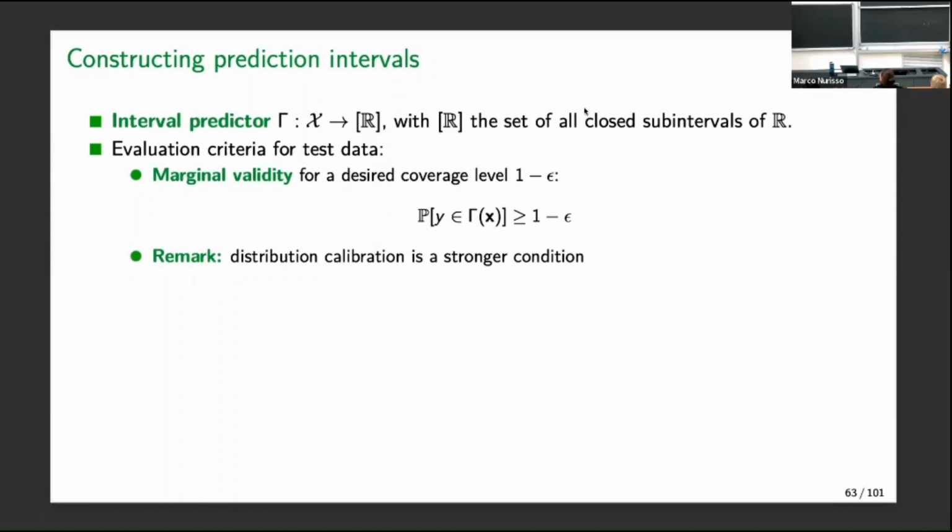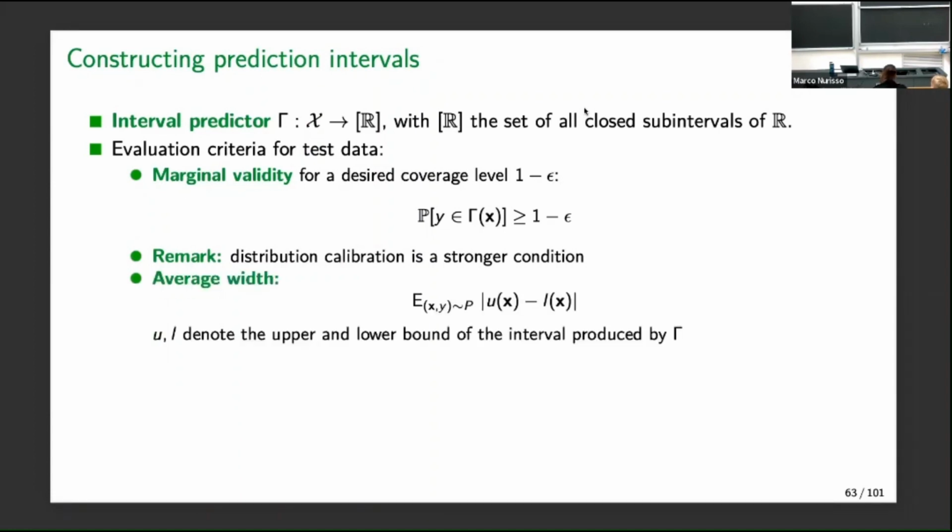I would like to remark that calibration, as on two slides before, is a kind of strong condition, because there we had an equality. Here it's larger than or equal, so it's a weaker condition. And we now do that on the level of the interval, whereas before it was on the level of individual quantiles. An additional measure you might be interested in is how large this interval is. If you have a larger interval, your aleatoric uncertainty will be higher; if you have a small interval, it will be smaller. So the average width is also something you might be interested in.